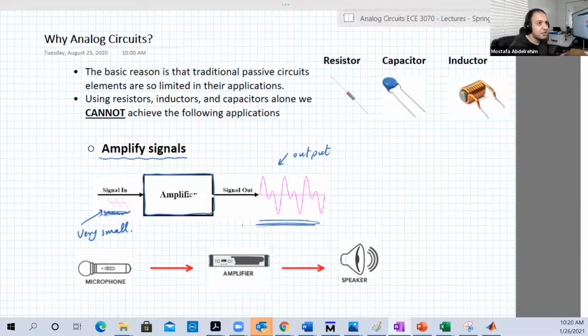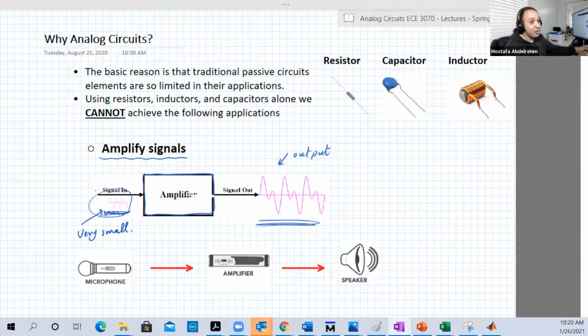One such application that you see everywhere is the mic and the speaker of your computer that you are using right now. So I have here my mic. This mic will receive my voice. It will transfer it to an electrical signal, something like this one. And it also has this amplifier stuff.